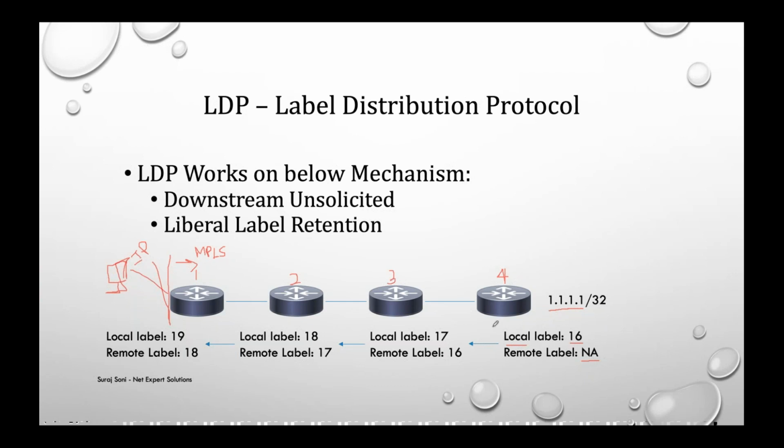So there is no remote label, and R4 will send this information to its peer. How will it send this information? Is there some adjacency or neighborship between them? Yes, there is an LDP neighborship which will be built. LDP uses TCP and UDP both, on port 646.